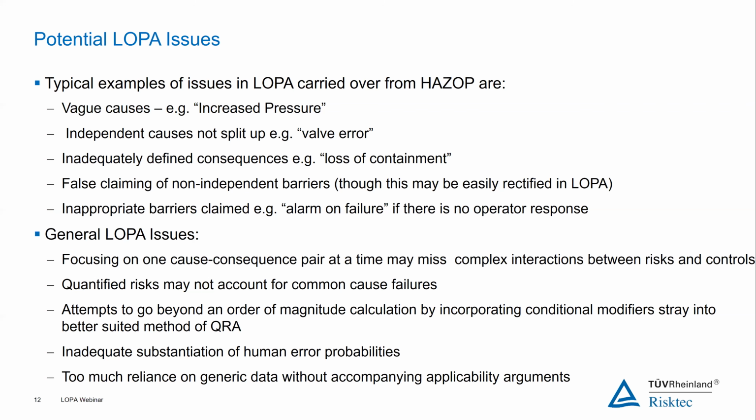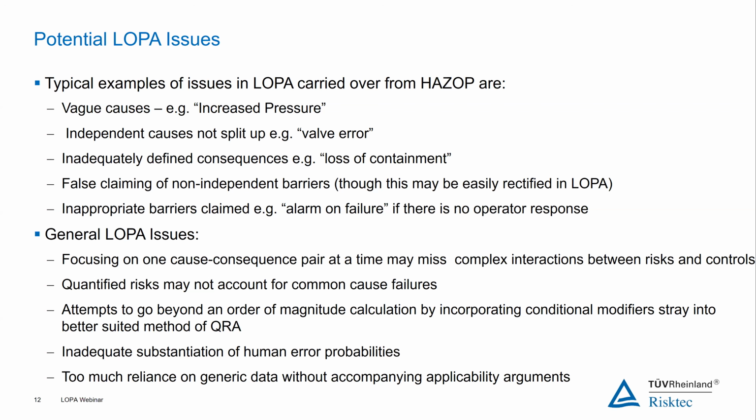Is it a valve operated inadvertently due to a human error? Is it a valve failure due to a control system failure? Is it a mechanical failure within the valve? All of these different things are going to have very different initiating event frequencies, because they have fundamentally different frequencies and methods in which they may fail.